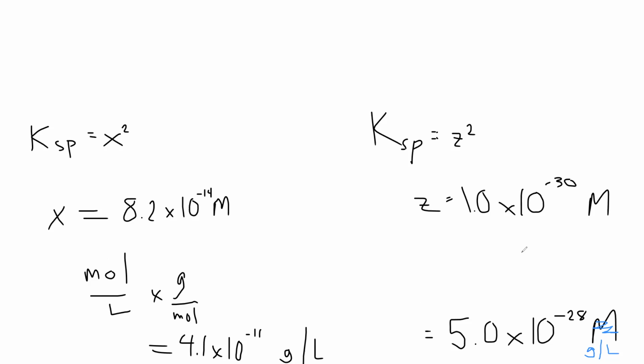In this case, we've got a slightly different molar mass of 504 because we've substituted that oxygen and hydrogen for a fluorine. But essentially the same thing. And in this case, we get the solubility in grams per liter to be 5 times 10 to the negative 28th. So if you think about it, we're going to have much less of this substance be soluble. And that's why it's going to help protect the teeth more than we see with the original substance there.